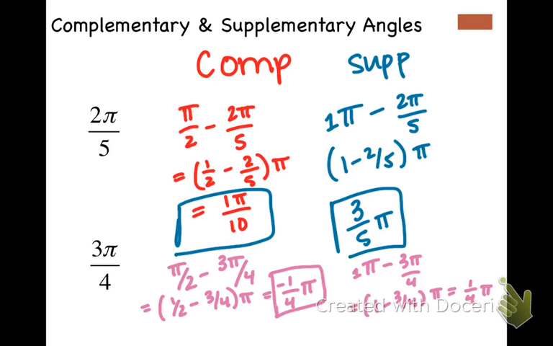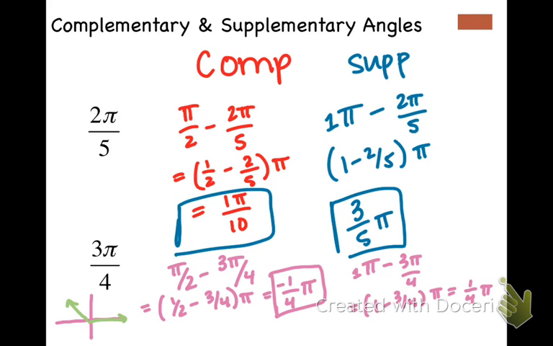All right, so you should get the complement to 3 pi over 4 is negative 1/4 pi, and that's okay. 3 over 4 pi is bigger than 90 degrees. It's bigger than that pi over 2. So to get back to that pi over 2, we'd have to subtract. If we were to try to graph this, draw this, that 3 pi over 4 angle would be over here.